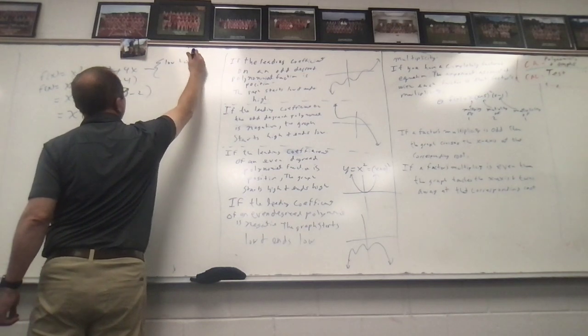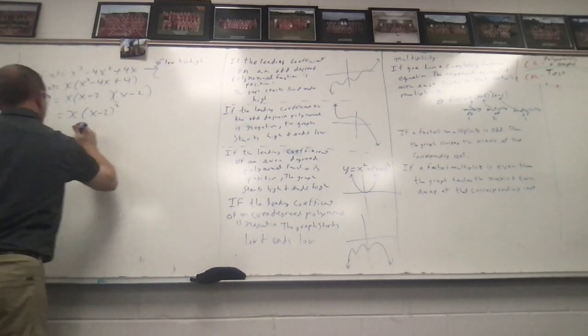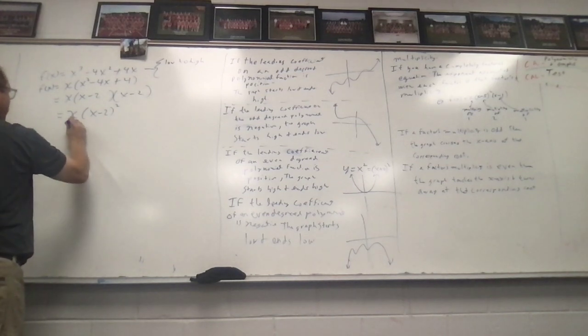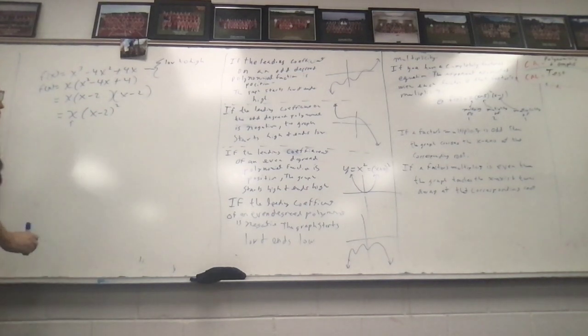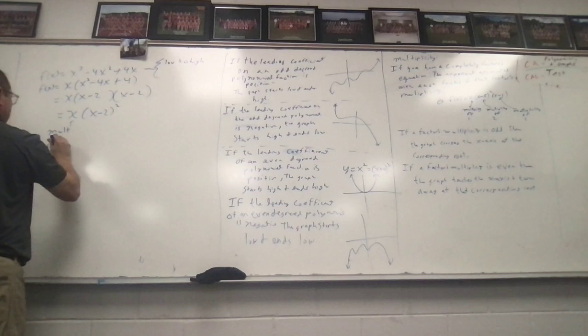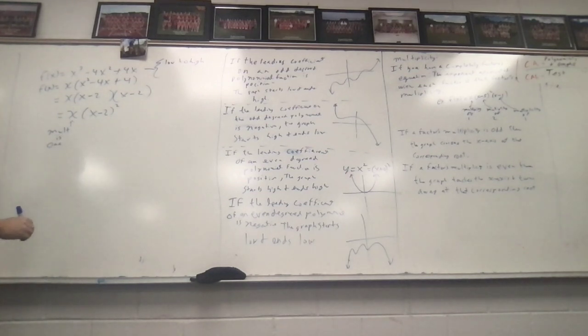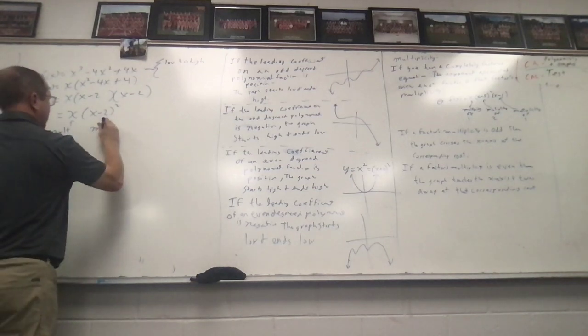I'm going to put low to high. All right. So here we have x equals 0. What's the multiplicity here? 1. 1. All right, x minus 2. 2. The multiplicity is 2.